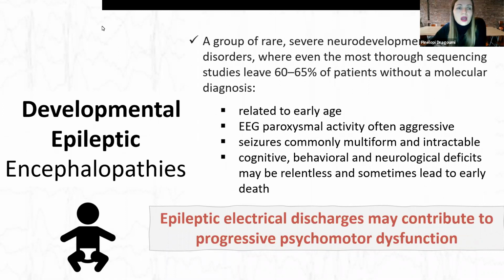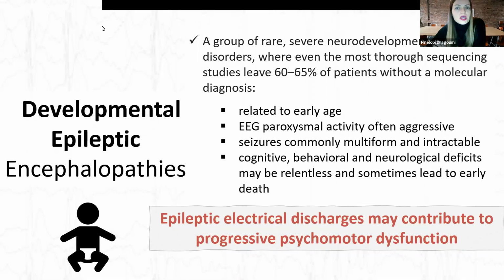EEGs are often aggressive, and the concept of the EEG and electrical discharges contributing to the progressive psychomotor dysfunction is what has termed these epileptic encephalopathies, but also it is more and more recognized that the underlying etiology and the specific effect of the gene mutation is important as well.